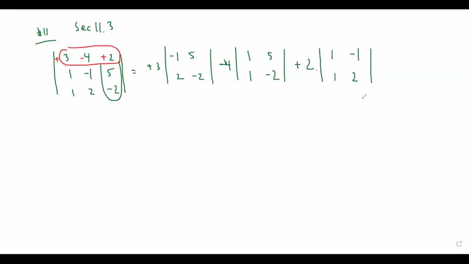turns out that now I can calculate these little guys and get the actual values, right? So across we get a -1 times -2, and then I have to minus 2 times 5, and this is my first determinant. Now next one is going to be a +1 times -2, subtract 1 times 5, so we'll always subtract. And then the last one here is going to be also a difference of two products.